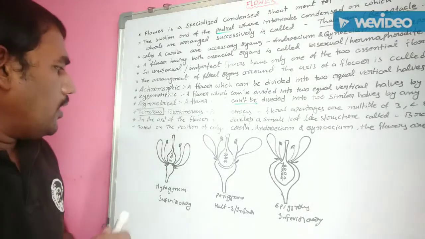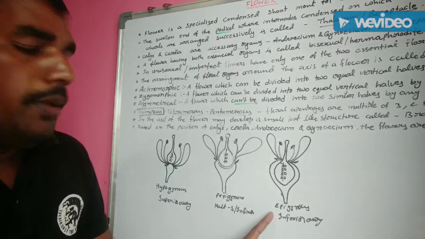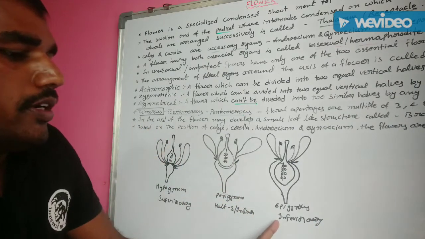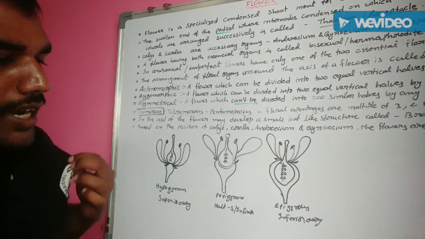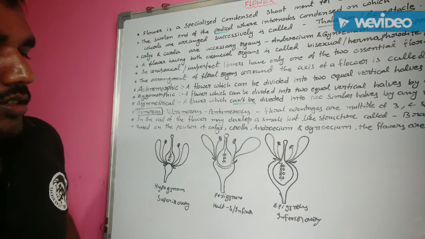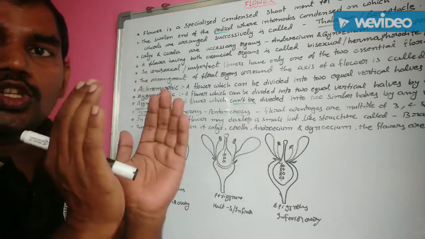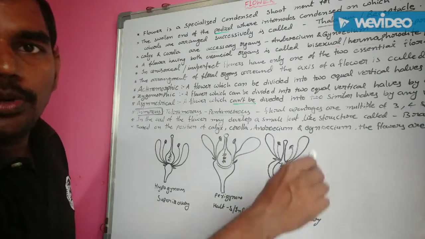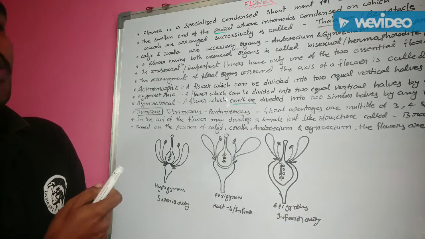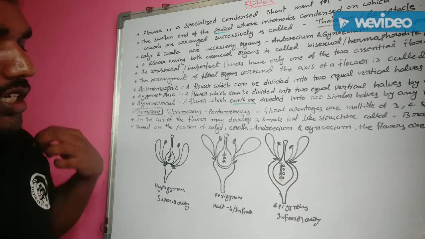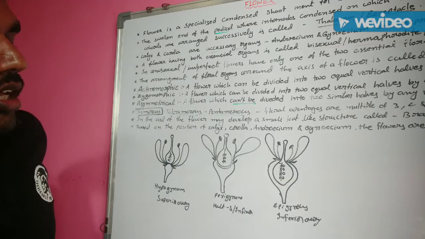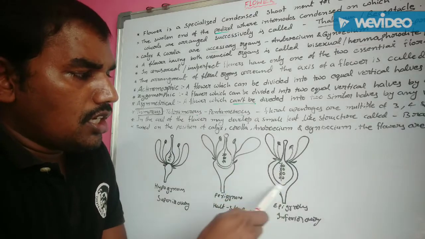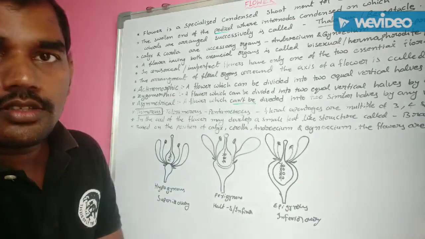The last one is epigynous flower. In this epigynous flower, the thalamus is cup-shaped, and the gynoecium is arranged in this deep cup-shaped thalamus.